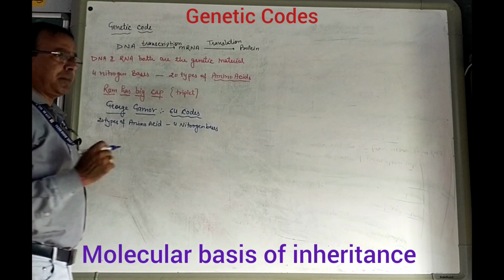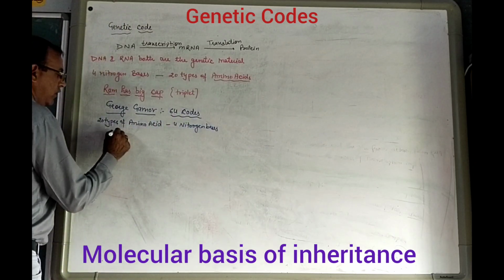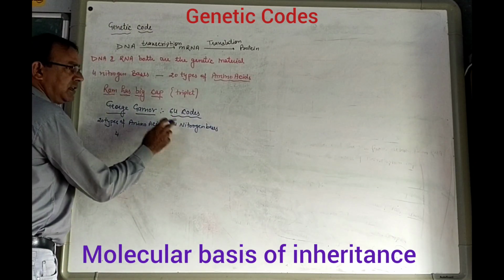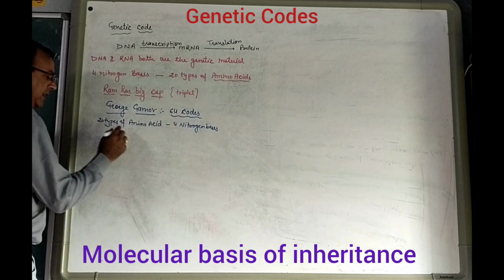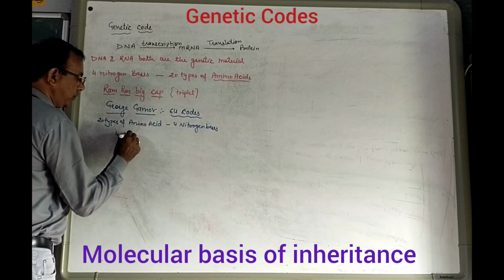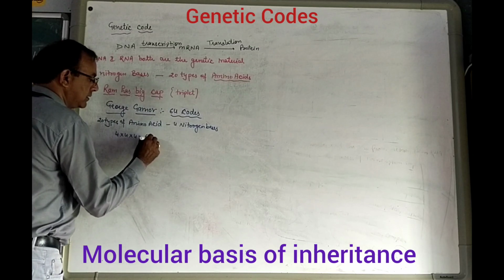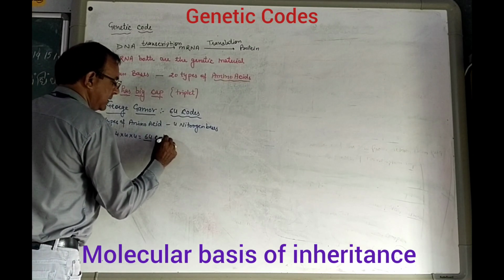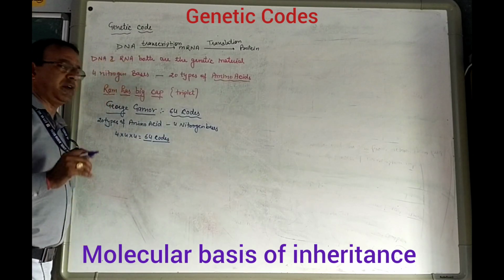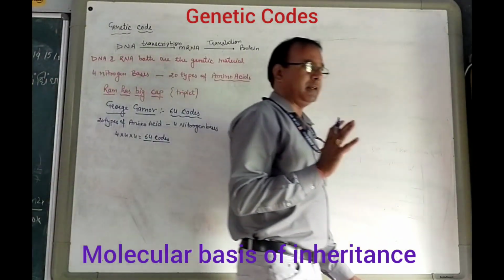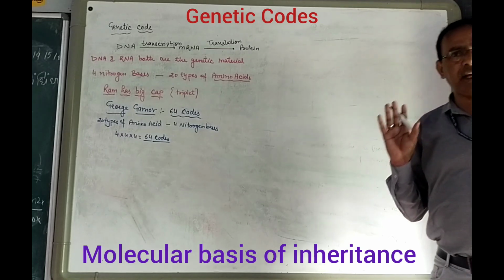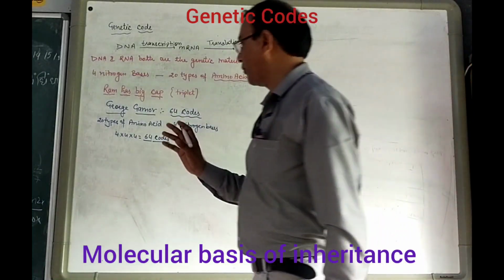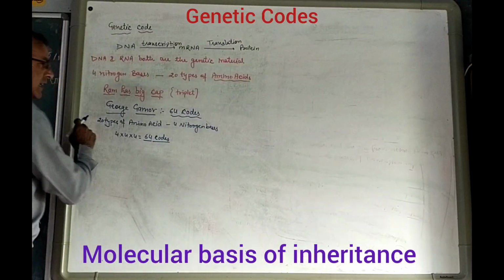With the help of permutation and combination, since amino acids are read in triplet and there are 4 nitrogen bases, 4 into 4 into 4 equals 64 codes, which represent the 20 types of amino acid. This genetic code was proposed by George Gamow, and he was supported by some other scientists also.